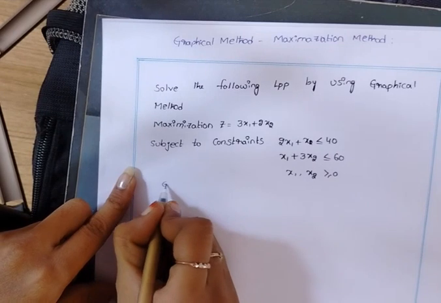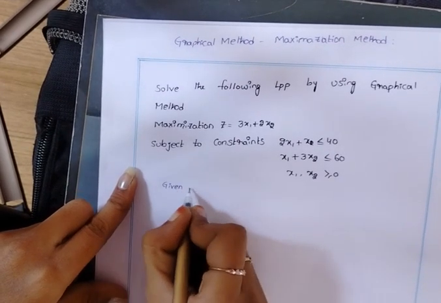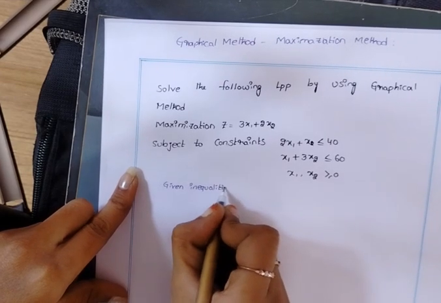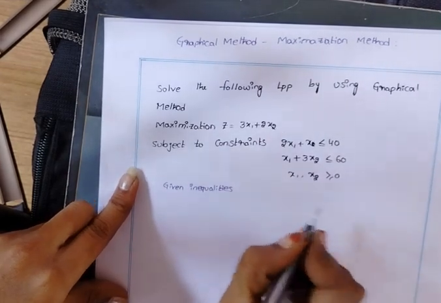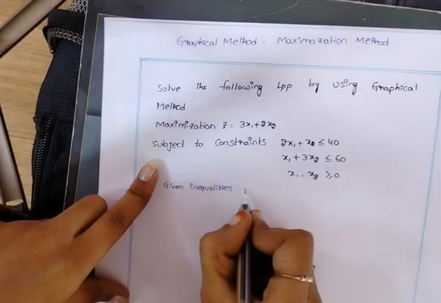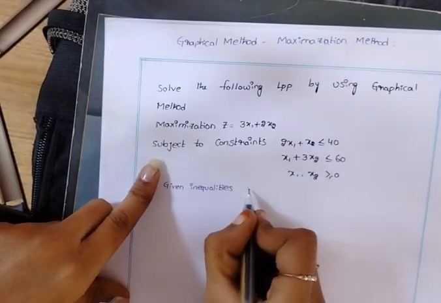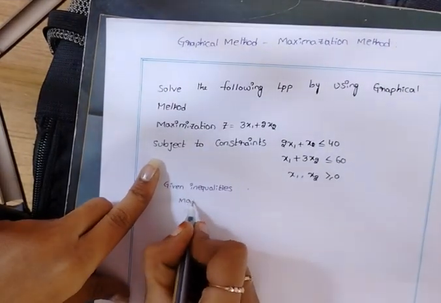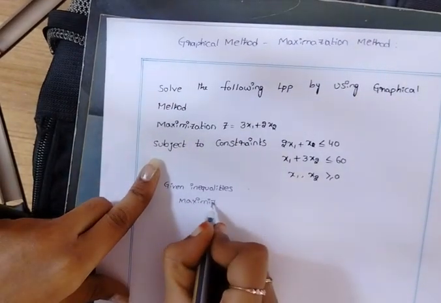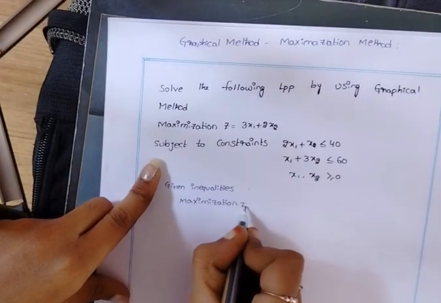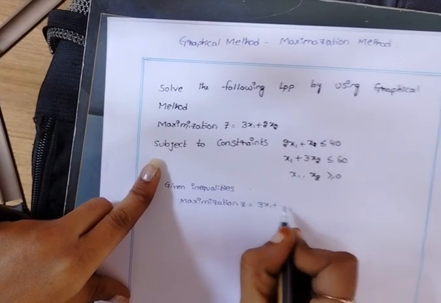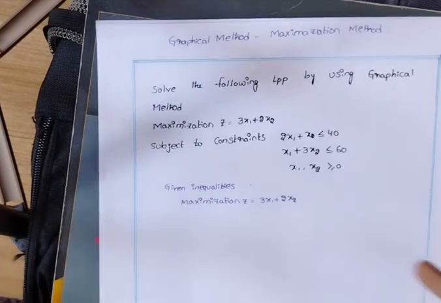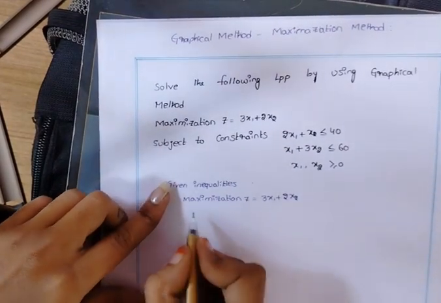Given inequalities. Maximization z is equal to 3x1 plus 2x2. This is the objective function of the problem.